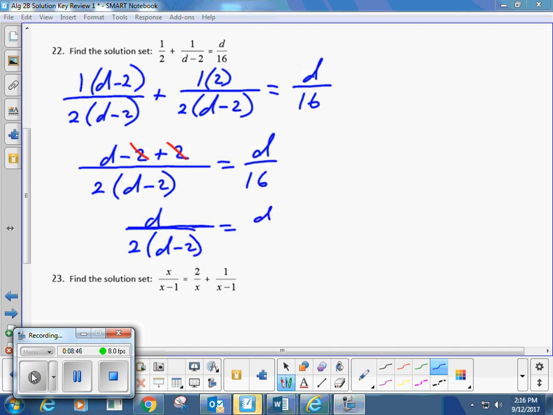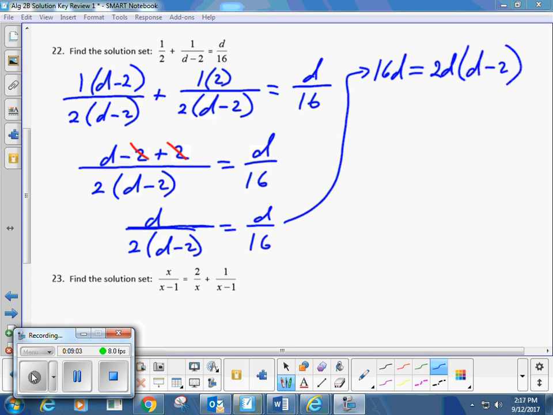d over 16. I'm going to go ahead and cross multiply here. I want to be very straightforward about what we're doing. So I have 16d equals 2d times d minus 2, and we're going to solve this equation. Now, there's a couple of things here you may notice. Depending on how comfortable you are at this point, you can solve this.